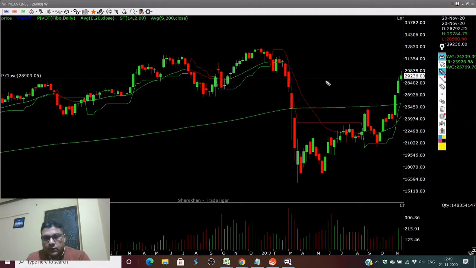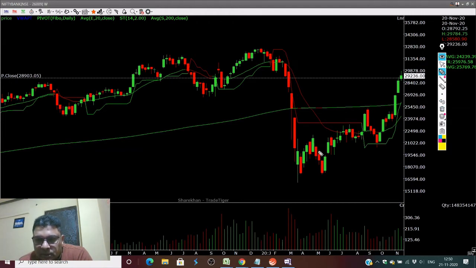If you want to know more about this pattern, go to my previous videos on price action and how to identify candlestick patterns. You will understand, because you'll always have a maximum of 4, 5 or 6 candles, and after that whenever you see a green candle or a candle like this, you can expect there will be a reversal.